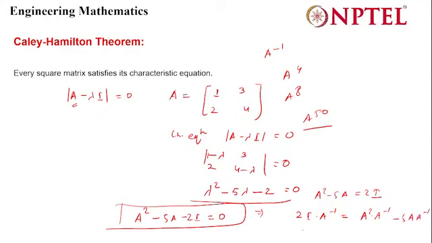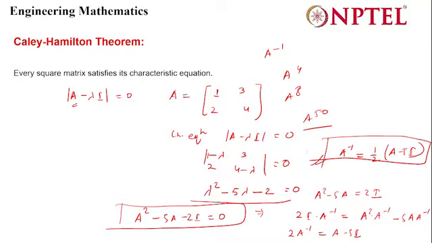So 2 A inverse is equal to A minus 5I. So from here you can easily find your A inverse: 1 by 2 (A minus 5I). So you need to put the value of the A matrix, and I is the identity matrix. In one step you will be able to find the A inverse.